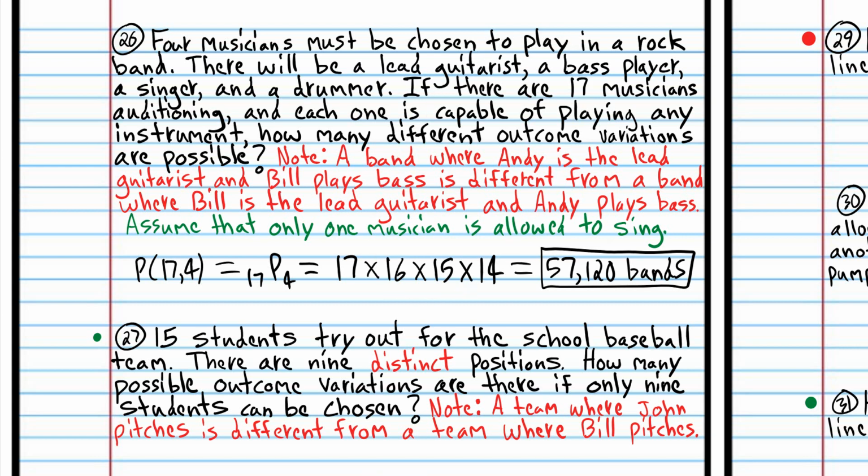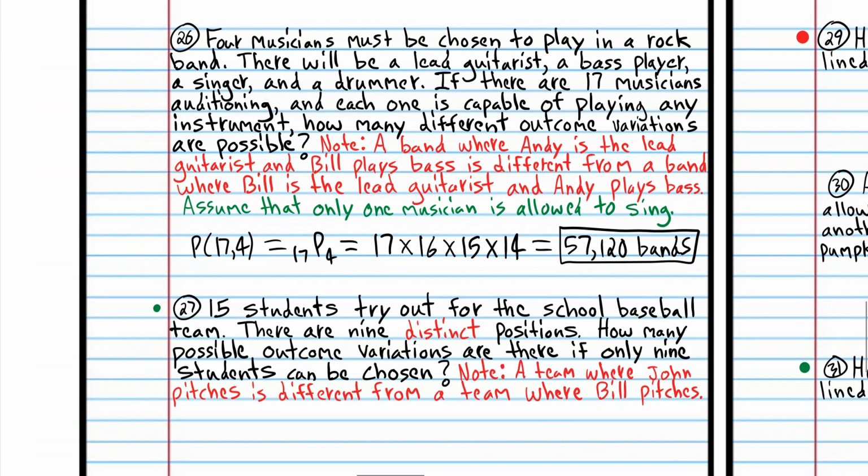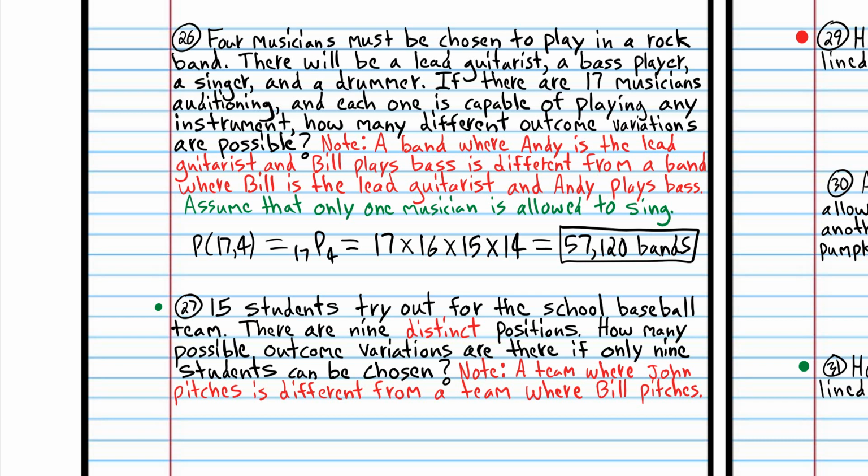We're counting all the different permutations, but we're not allowed repetition. If Andy is chosen for lead guitar, he can't play bass at the same time, right? Or if he's chosen to sing, he can't play bass at the same time, even though that does happen. In this problem, it says, assume that only one musician is allowed to sing.